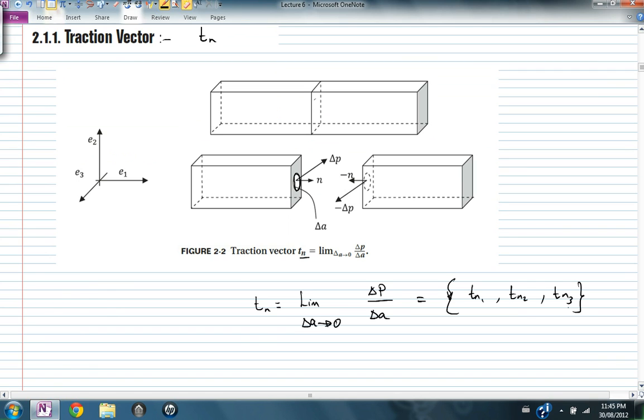A vector with 3 components. So the traction vector is a vector with 3 components that gives me the forces per unit area in the directions E1, E2, and E3 acting at this point on this plane.